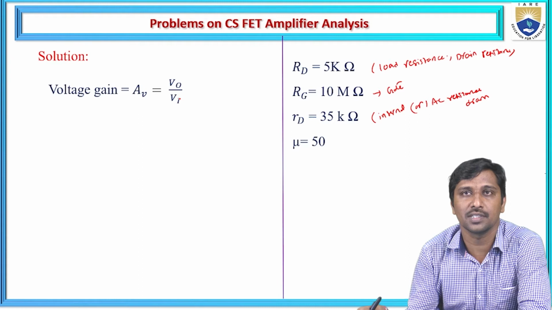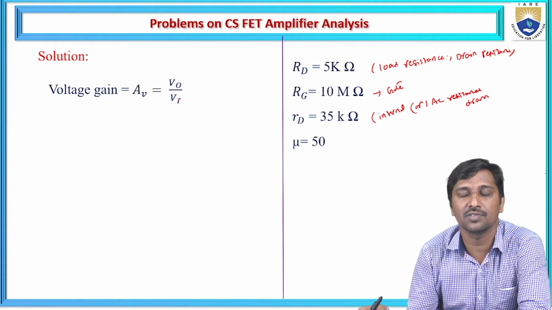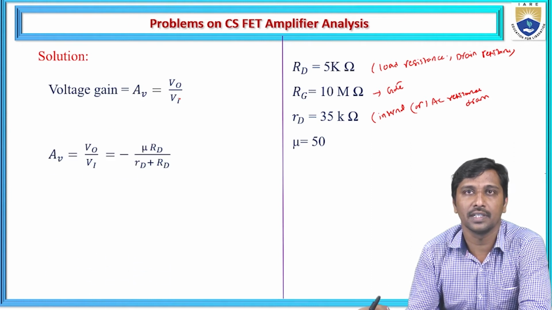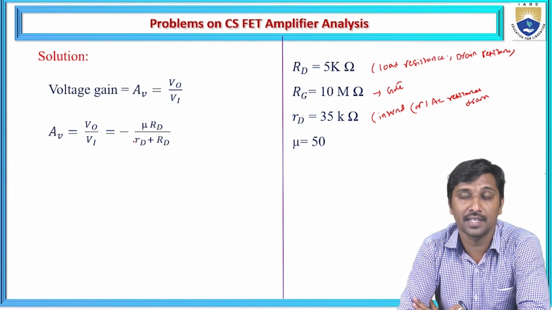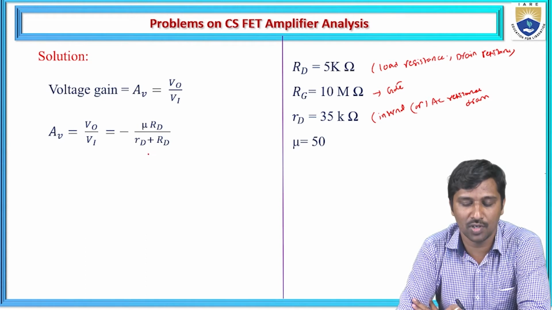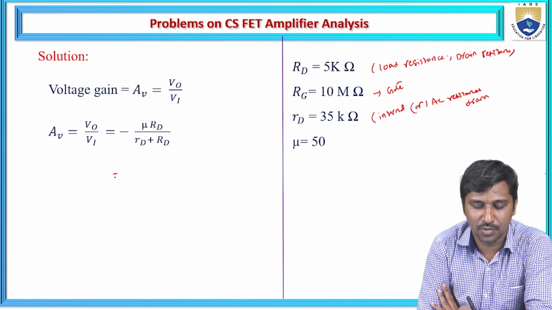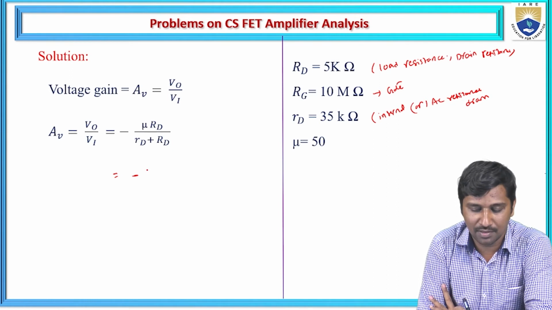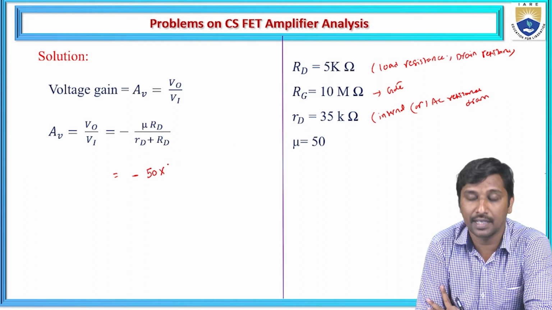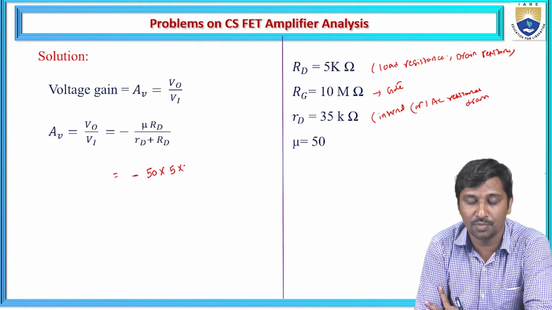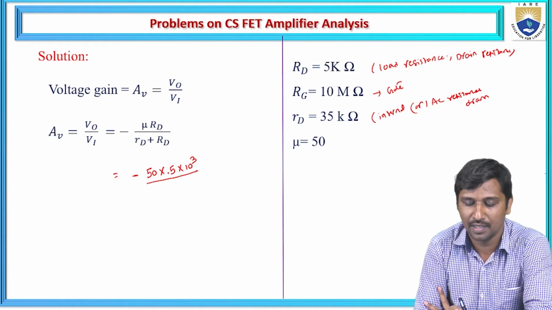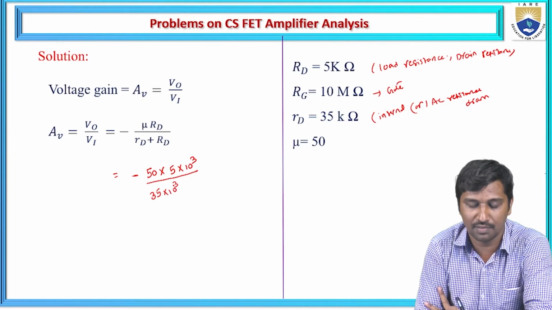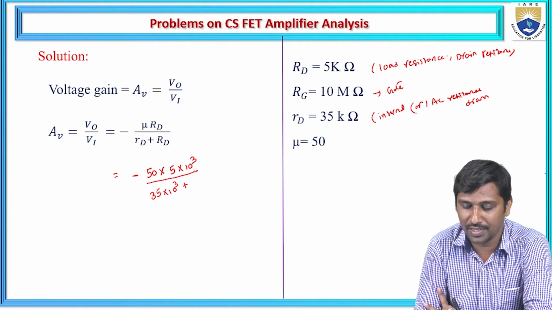For the common source FET amplifier, based on the small signal model, the voltage gain is minus mu times capital RD divided by small rd plus capital RD. Substituting the given values: minus 50 times 5 into 10 power 3, divided by 35 into 10 power 3 plus 5 into 10 power 3.